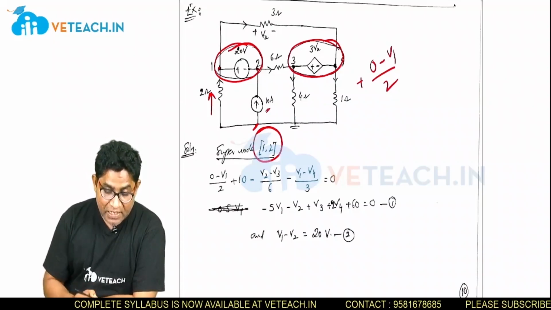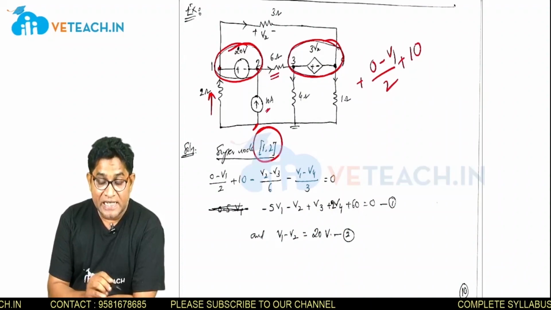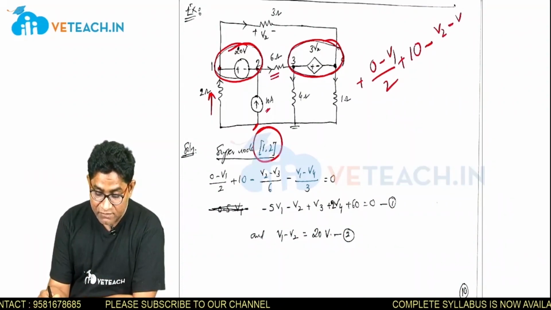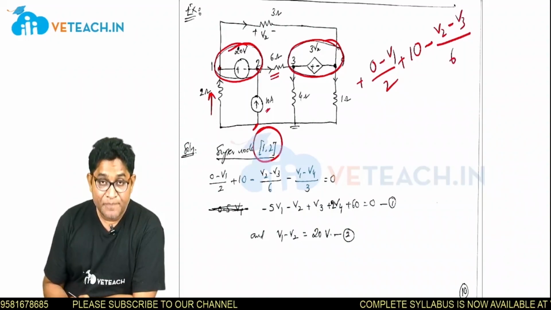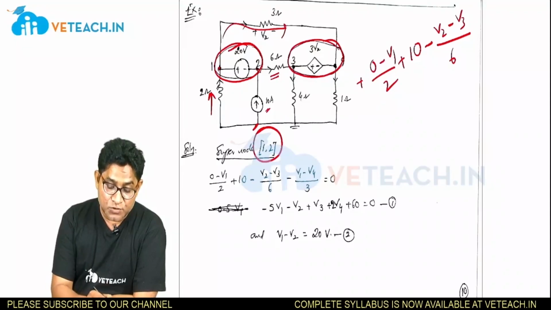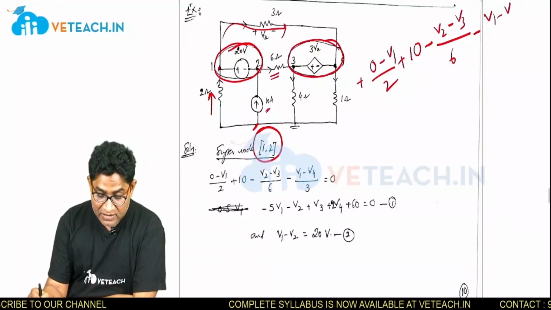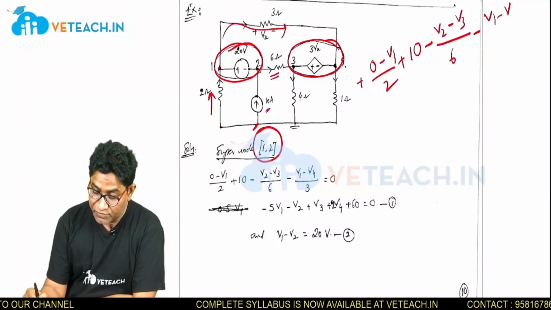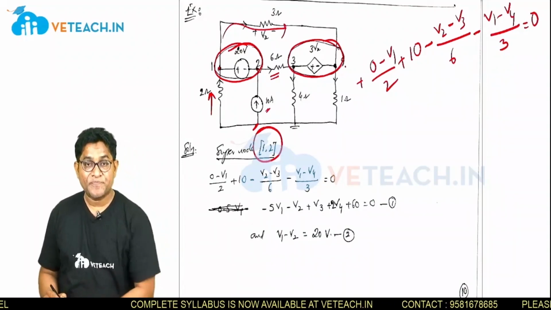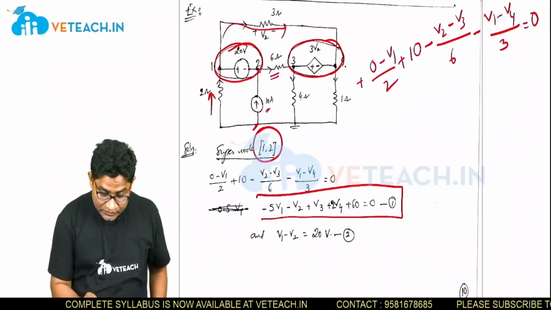Then this 10 amperes is also entering, so plus 10. Then the 6 ohm current is leaving, so minus V2 minus V3 by 6. Then the 3 ohm resistor is also connected to this super node and is leaving, so minus V1 minus V4 by 3 is equal to 0. Simplifying this equation, I got this one.